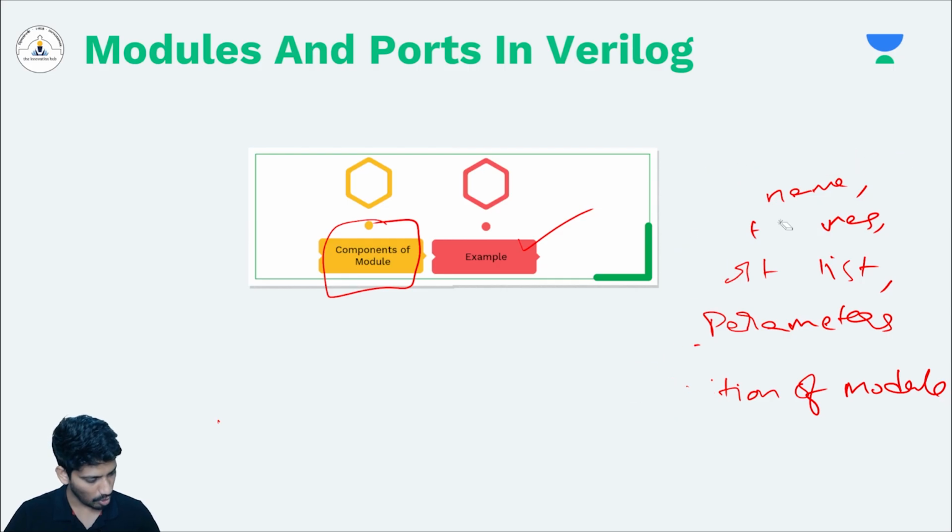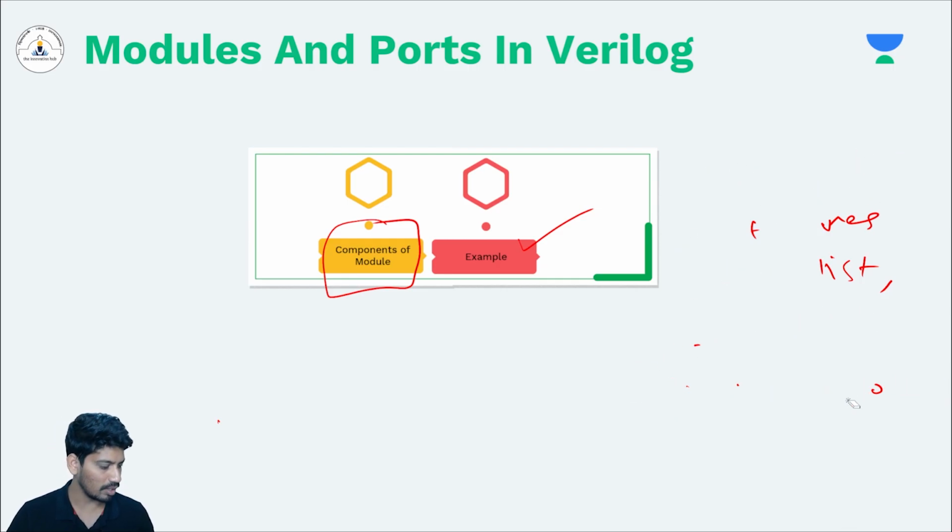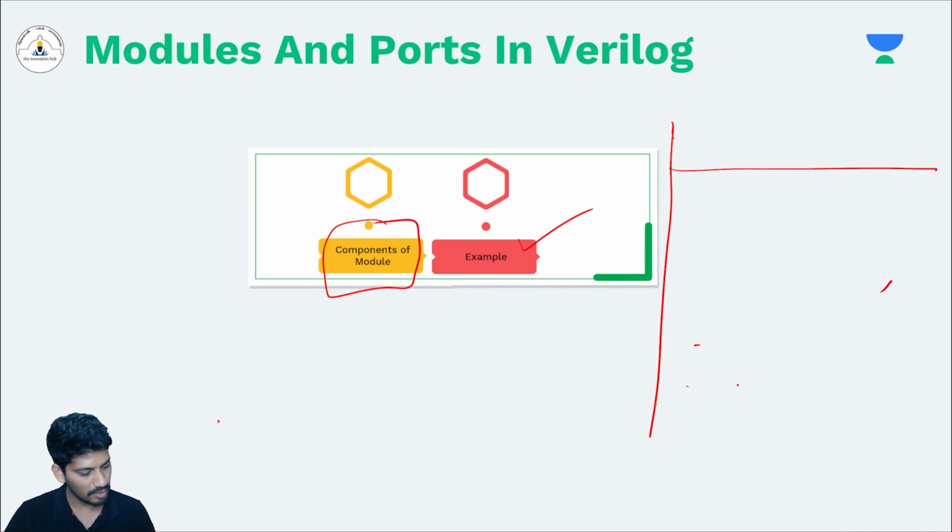The 5 different components that are present in a module are, first, your Verilog code should look like this. First, it will have a module definition where you need to define the name of the module, comma, port list.